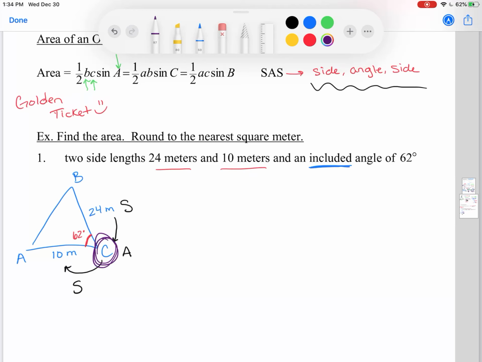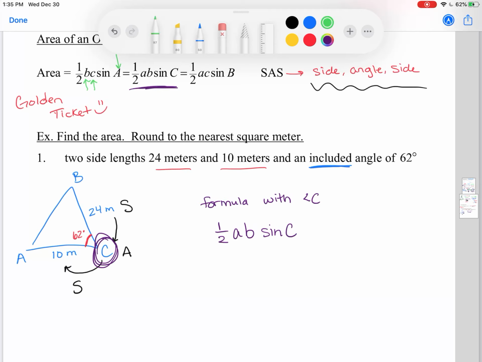They gave us angle C, so I'm going to look up above and choose the formula with angle C. It's going to be this one right here: 1/2 times side A times side B times sine of angle C.